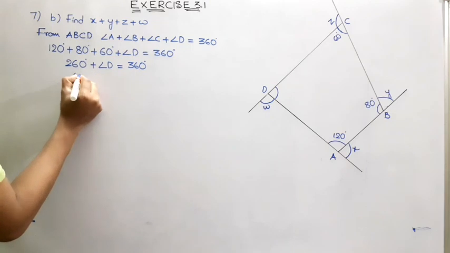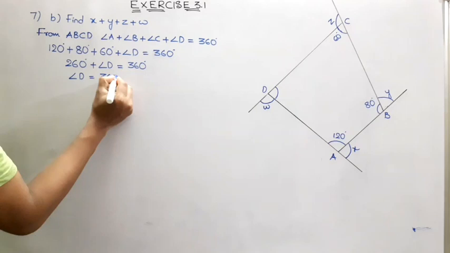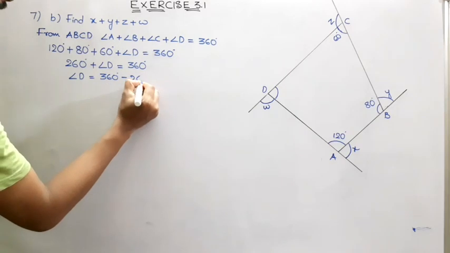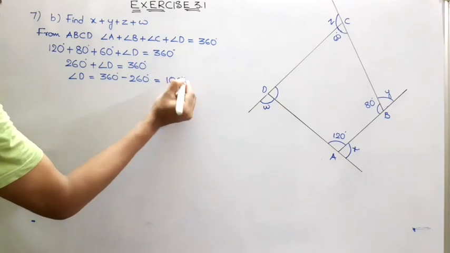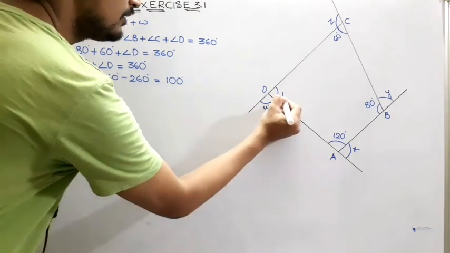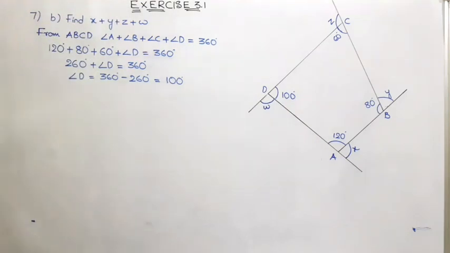As we want only the value of angle D, it is equal to 360 degrees minus 260 degrees, which is equal to 100 degrees. Now we have the value of D as 100 degrees. Hope you got it. This is a very easy one.